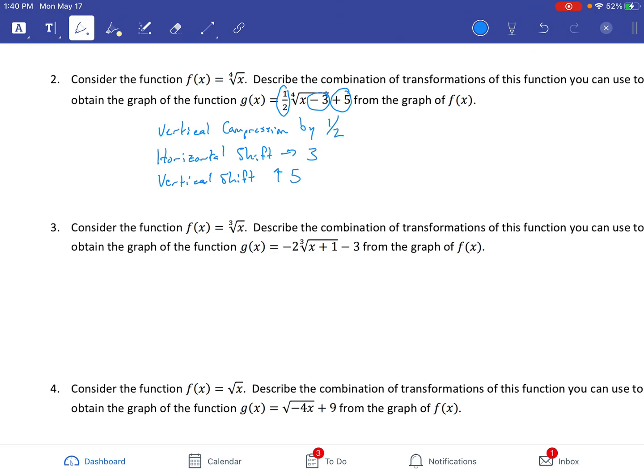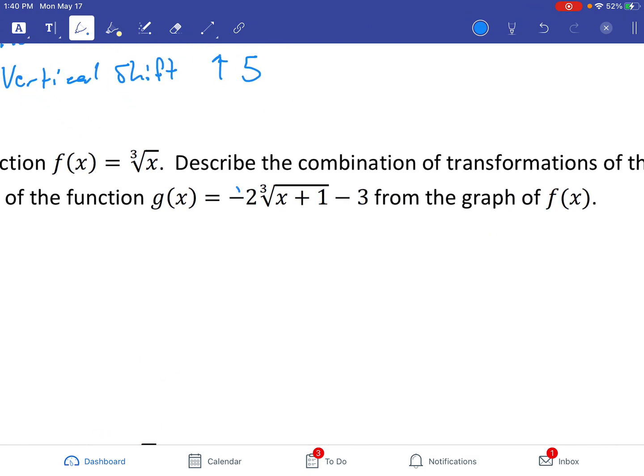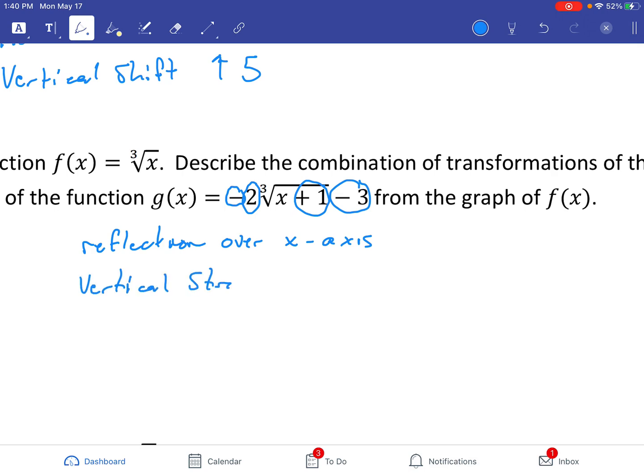Same idea in the next one. We want to do the transformations. There's actually 4: the negative sign, the 2, the plus 1, and the minus 3. The negative sign is first. It is a reflection over the x-axis. The 2 is going to be a vertical stretch by 2.